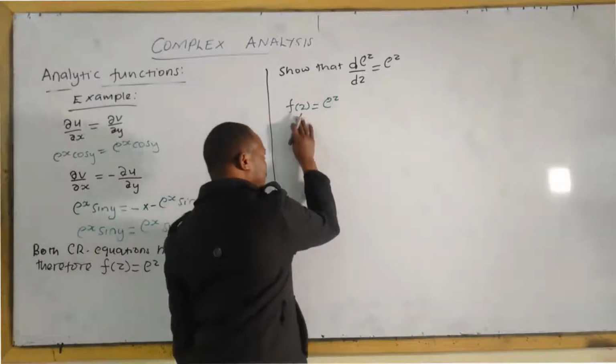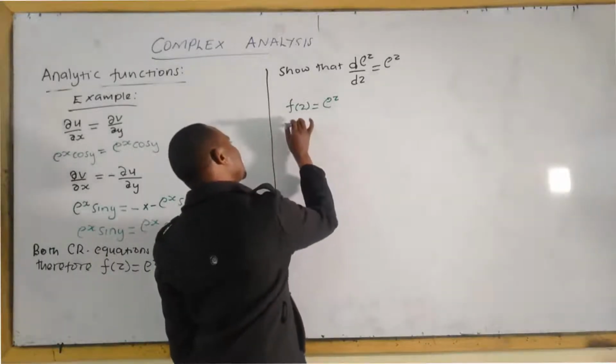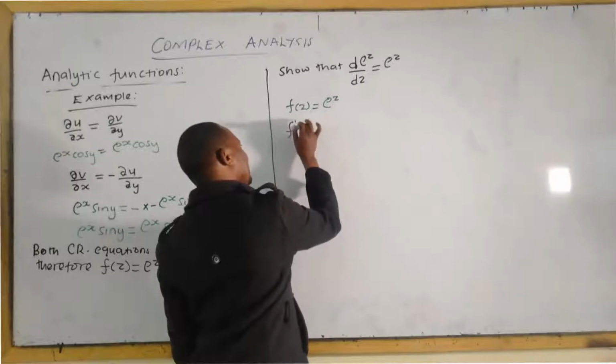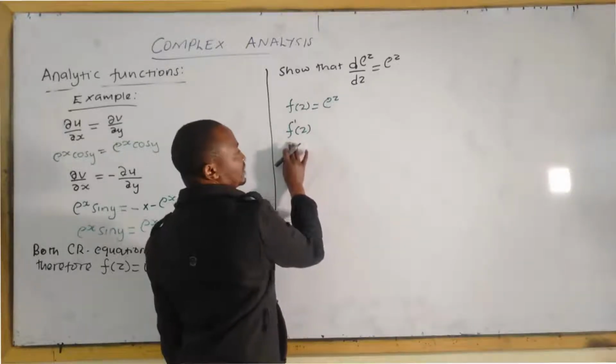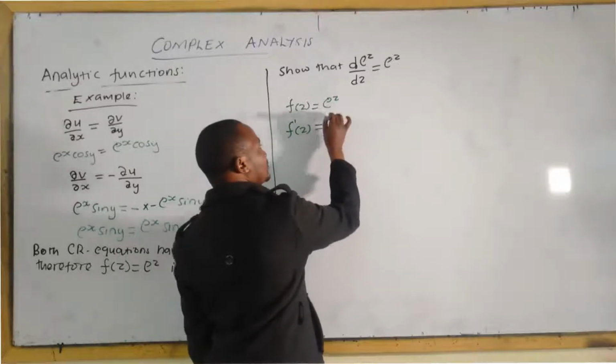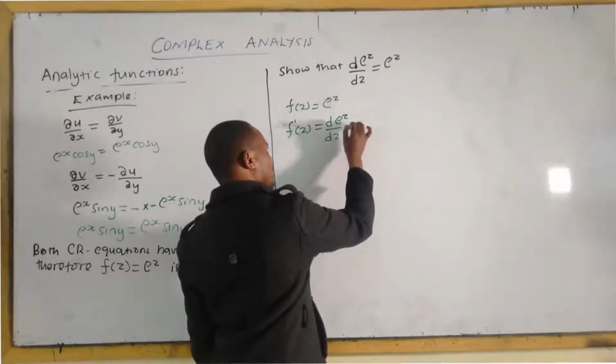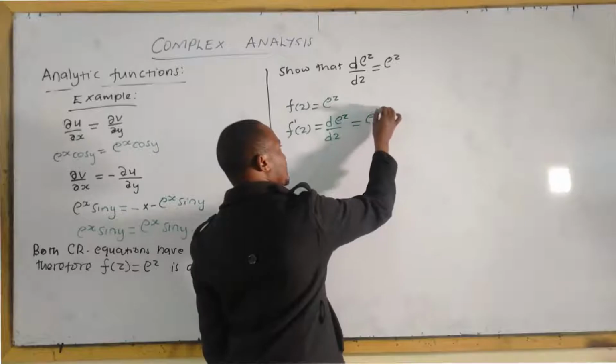Its derivative, we can express it in the following ways. We can say the first order derivative of the function of z is equal to this. Differentiate exponential z with respect to z, which will simply give you exponential z.